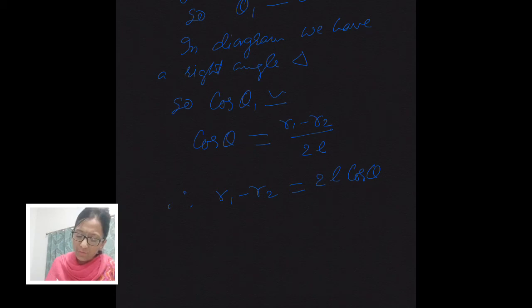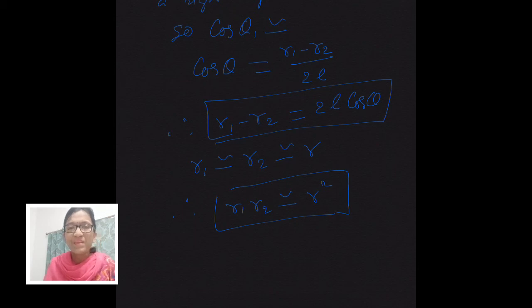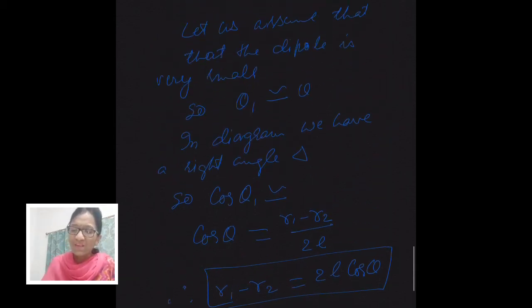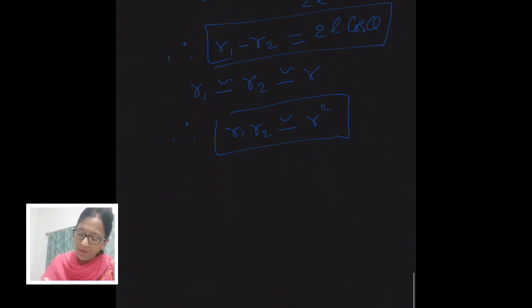If we also assume that r1 is very nearly equal to r2, and it is very nearly equal to r, therefore r1 r2 can be taken as r square. From these two things, from the value of r1 minus r2 and r1 r2, you can simplify equation 1. Let me name this equation 1.